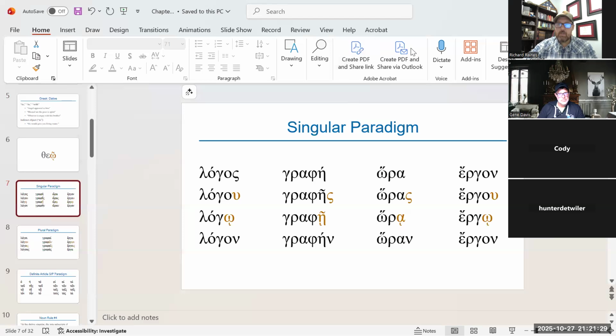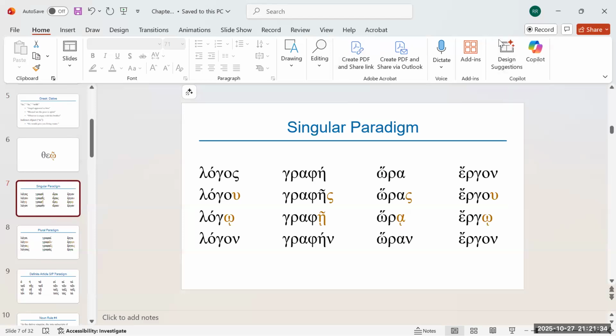So here is the complete paradigm for masculine, feminine, and neuter, nominative, genitive, dative, and accusative. So starting with logos. Logos is masculine, nominative, singular, means word, and the lexical form is logos.